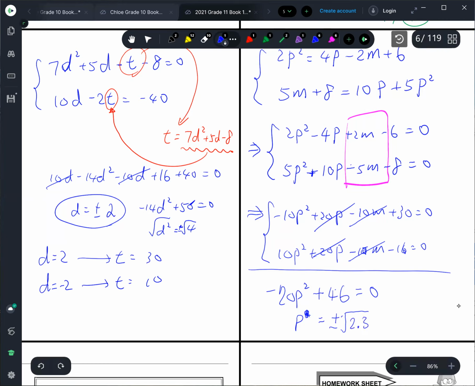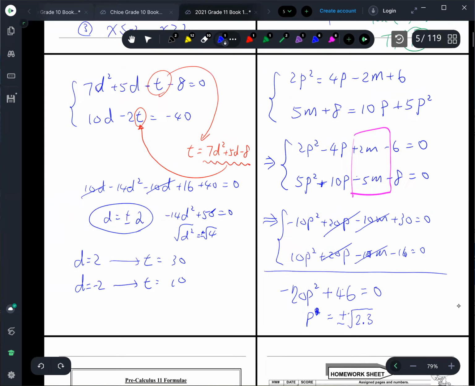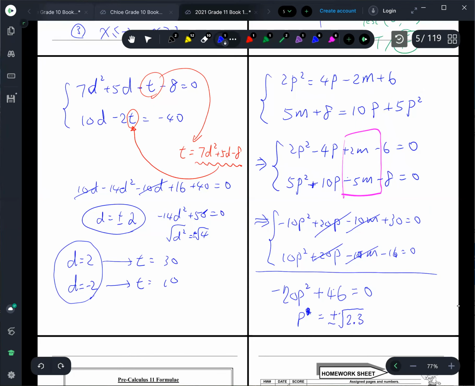Okay, so that's your p-value. You get two of them. It's kind of like the last question. You have two values for d. This one you have two values for p. So for each of them, you can find their m values.